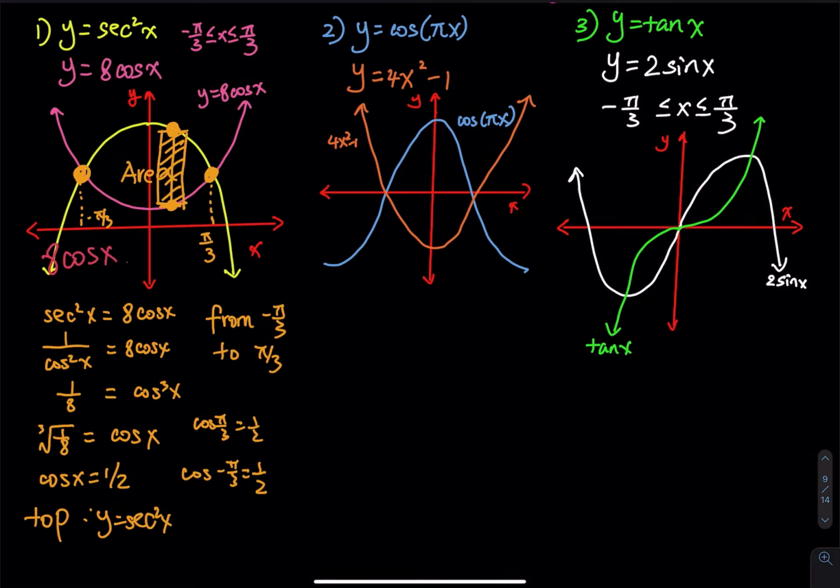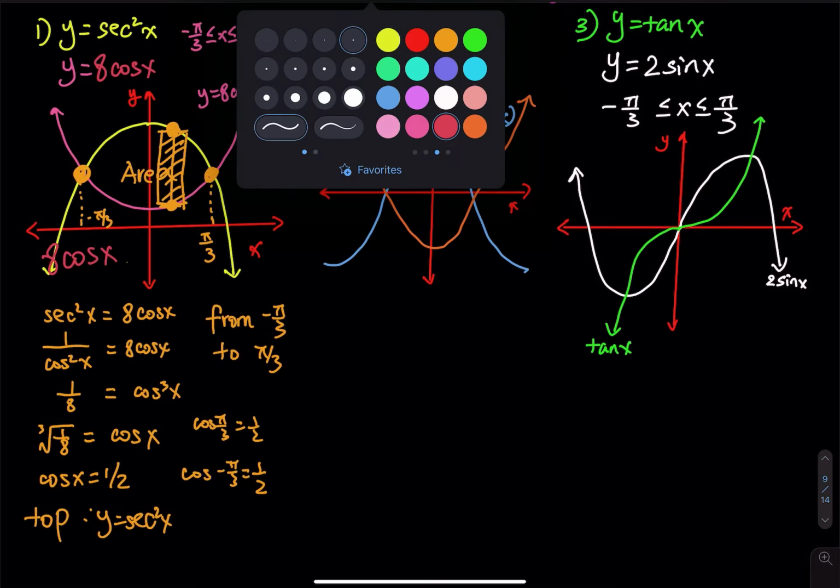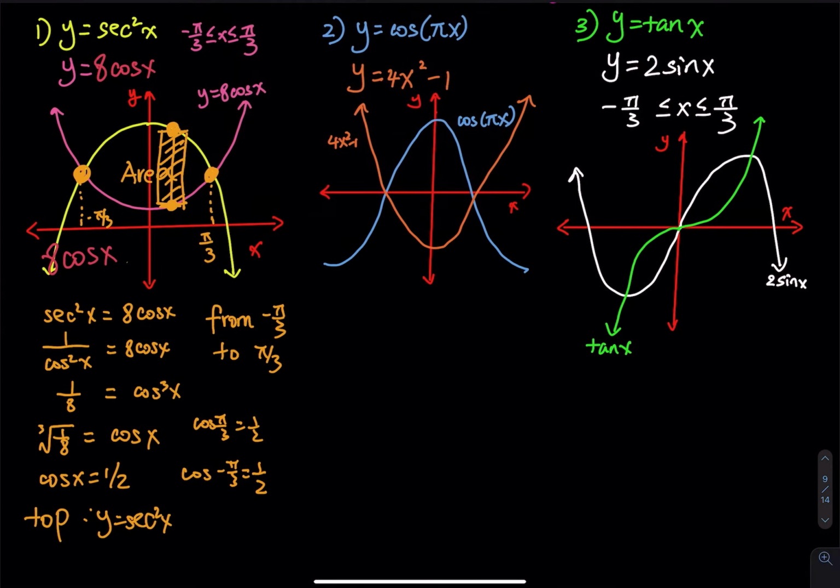So this one, let me change this color too. So we have 8 cosine x, and then the other one, the one on top, let's use another color to rename that. And then you see another parabola that is kind of facing up. That one is actually secant squared, because with secant squared, you cannot have an upside down graph.